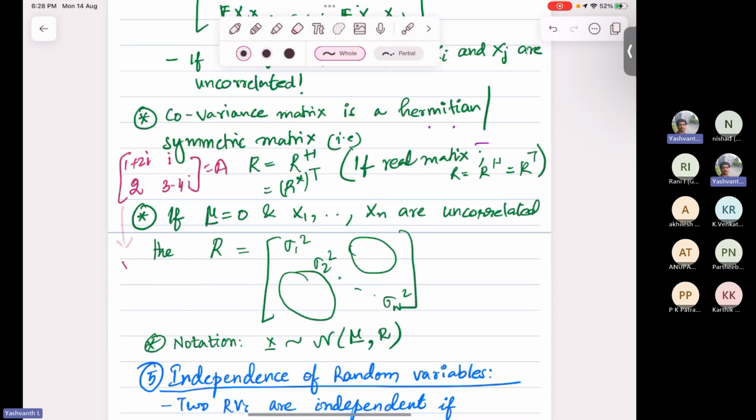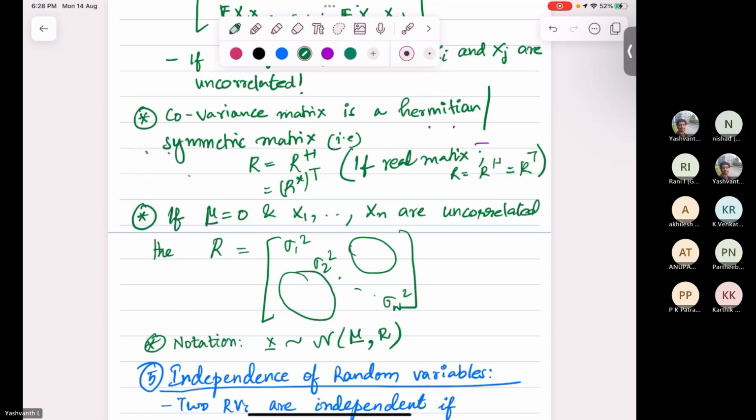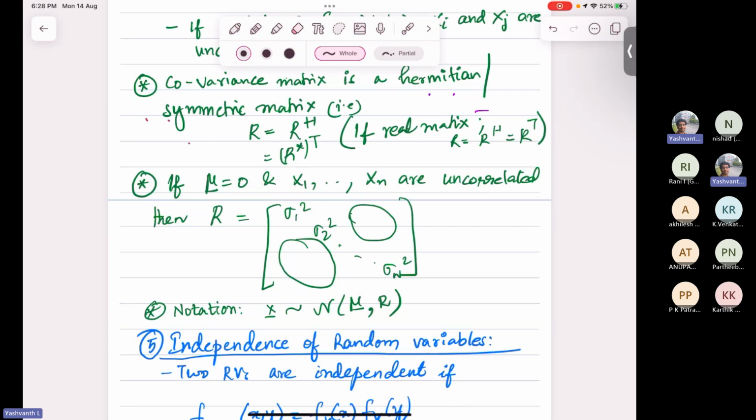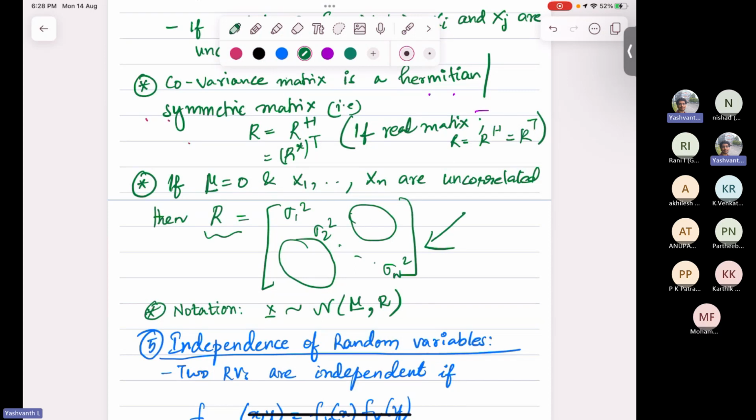Another property: in the zero mean vector case, if mu equal to 0 and x1, x2, xn are uncorrelated, meaning that this particular condition is satisfied, expected value of xi, xj equal to 0, then the matrix R will turn out to be a purely diagonal matrix, with each diagonal element being the variance of the corresponding random variable.